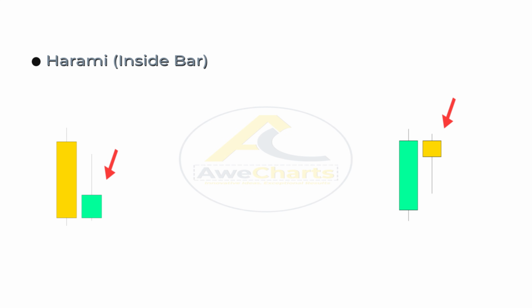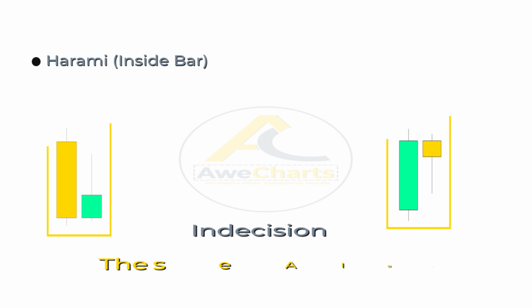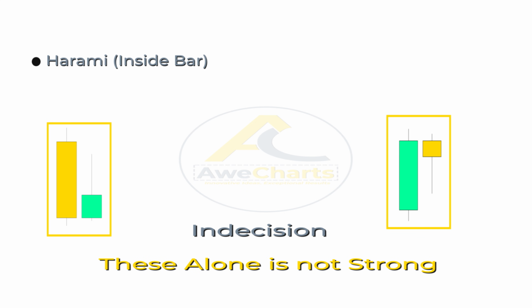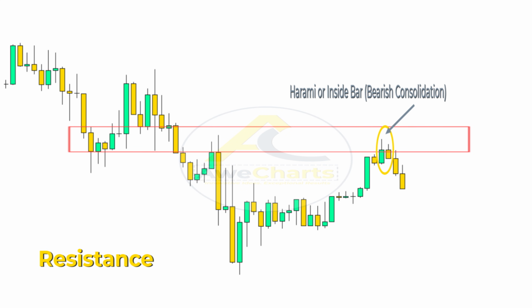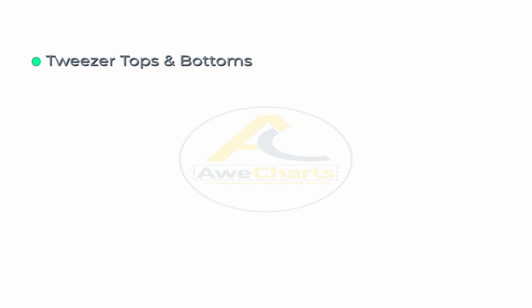The next pattern is the harami or inside bar pattern. A small candle sits inside the previous big candle, showing indecision. This alone is not strong, but it can signal consolidation before a big breakout. The next candle pattern is tweezer tops and bottoms.